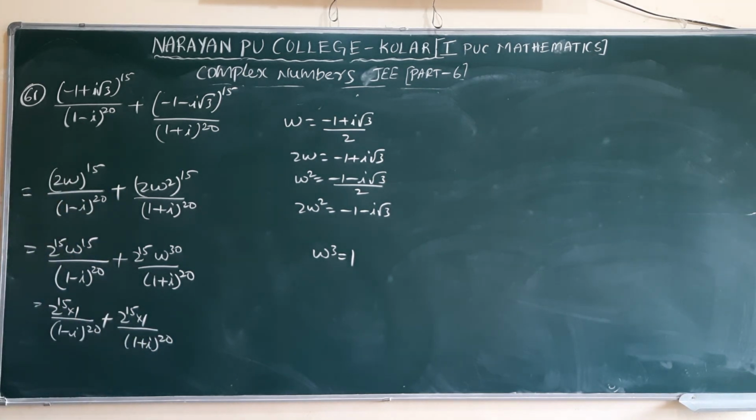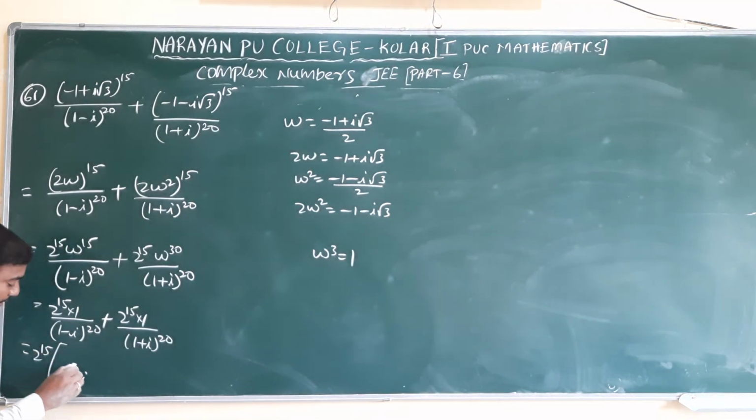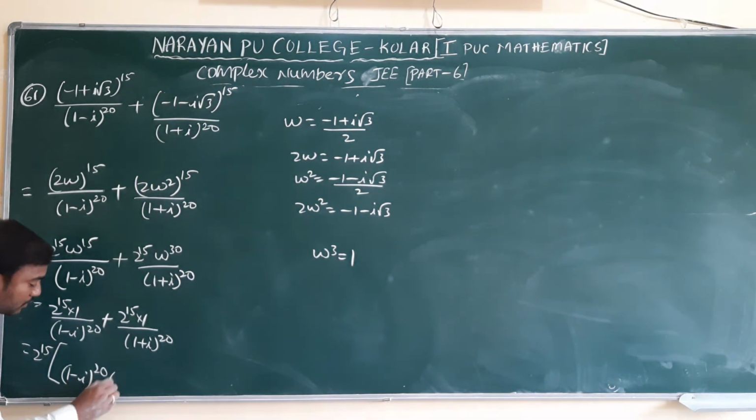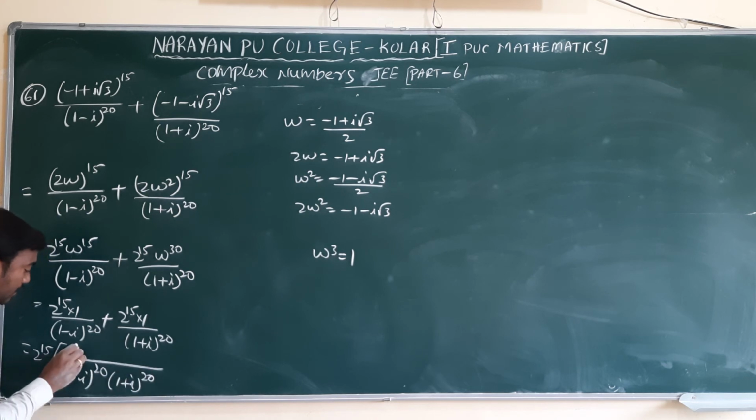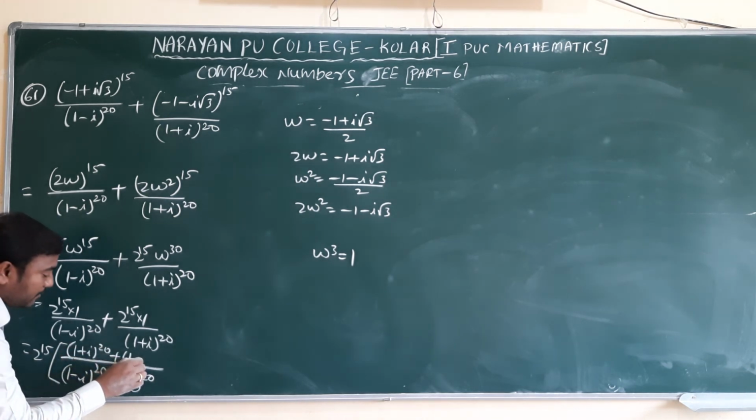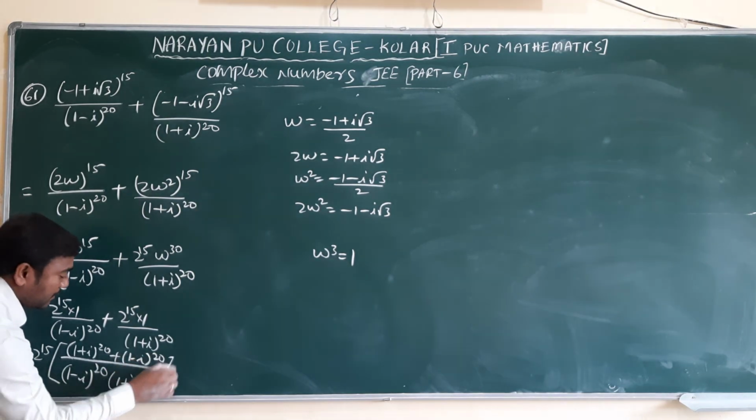So in the numerator we have to take common 2 power 15 and take LCM (1 minus i) whole power 20 into (1 plus i) whole power 20 remaining. So (1 plus i) whole power 20 plus (1 minus i) whole power 20.